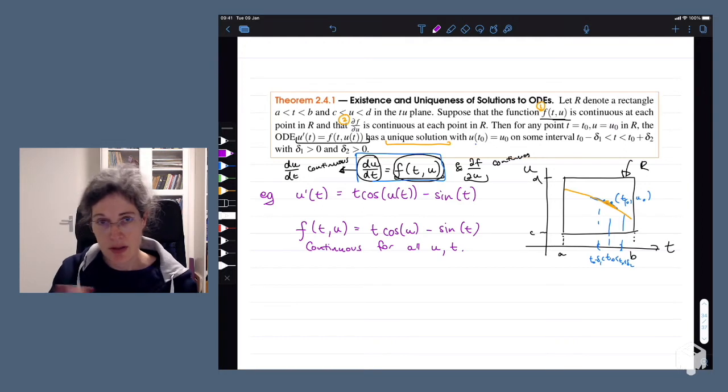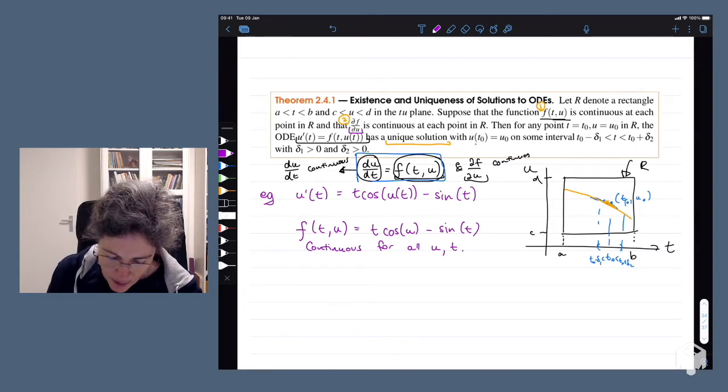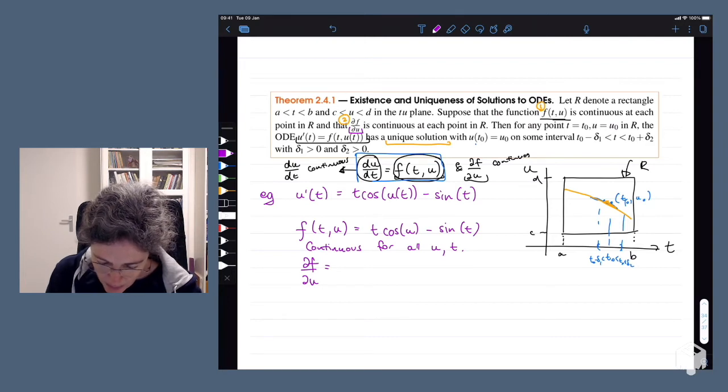In fact, our R here could be the whole Euclidean plane, t is minus infinity to infinity, and u is minus infinity to infinity. Now let's have a look at df by du, our partial derivative of f with respect to u.